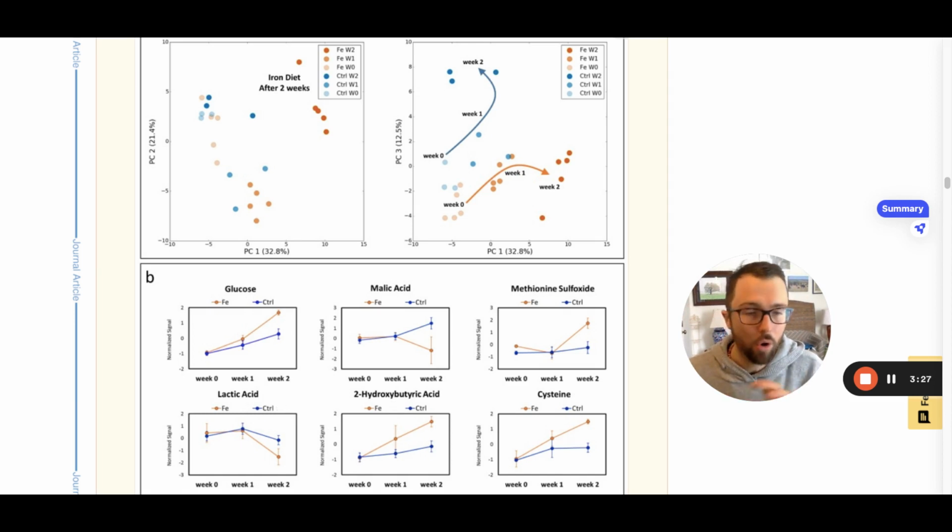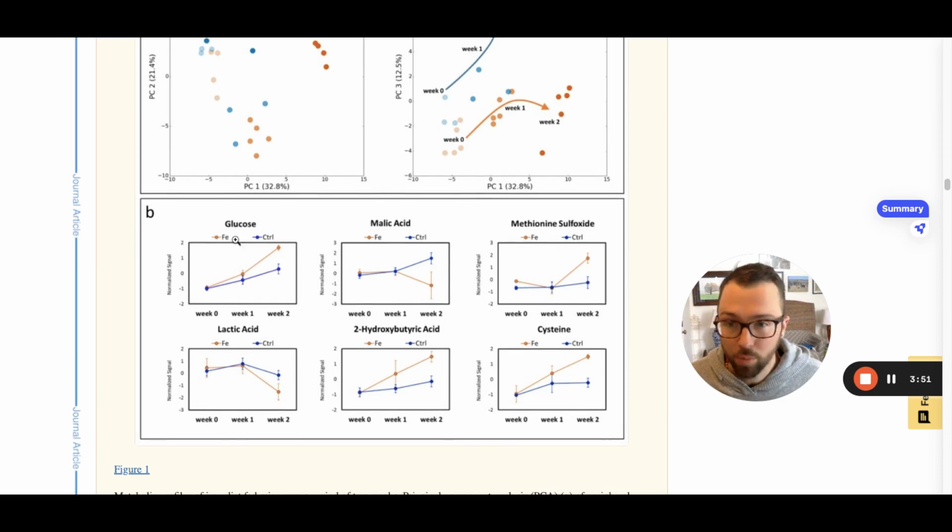Those 6 all correlate with the energy systems and oxidative stress systems that I mentioned before. And as you can see, over time, there is a clear correlative difference with the diet and an increase or decrease in these specific metabolites.